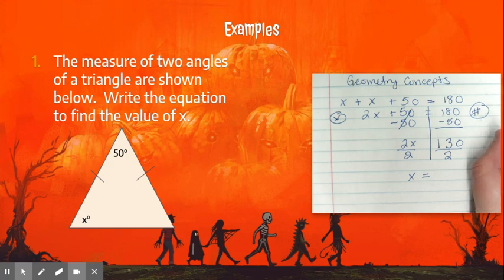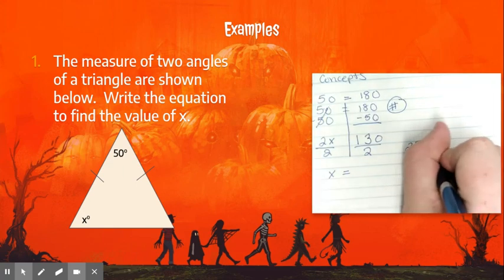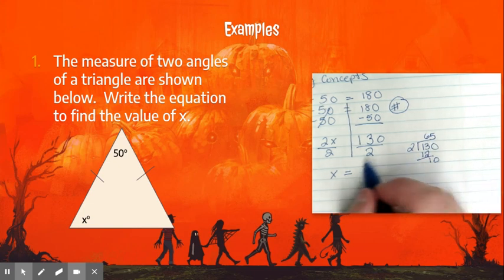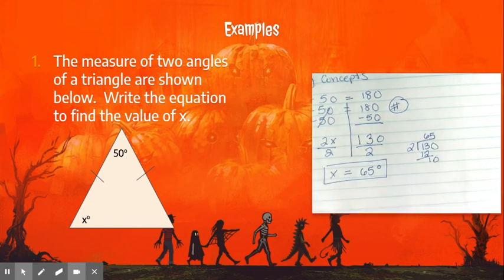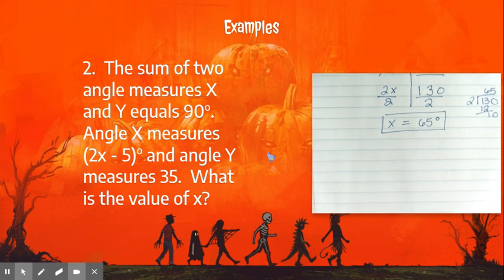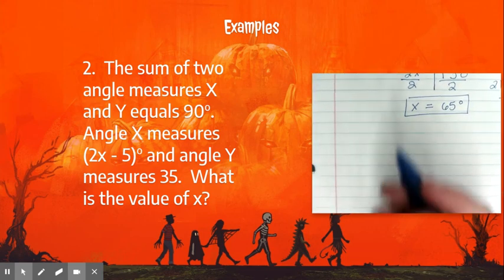So 2 goes into 130. 2 goes into 13, not quite 7 times, only 6, because 6 times 2 is 12. And then 2 goes into 10 5 times. So x equals 65 degrees. So my answer is 65 degrees. Okay, simple enough. Okay, so number 2, we're going to look at number 2.